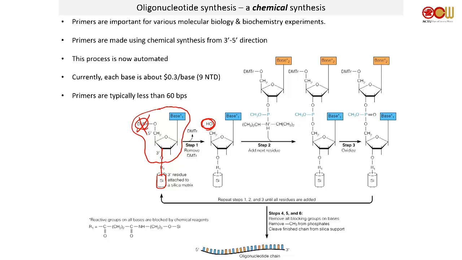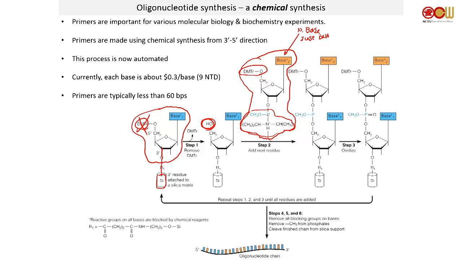For DNA chemical synthesis, what you would add is this modified nucleotide. Let's take a look. This nucleotide has a nitrogenous base, just like normal DNA. But you notice that the 5' end is protected, and the 3' end is modified by this functional group.